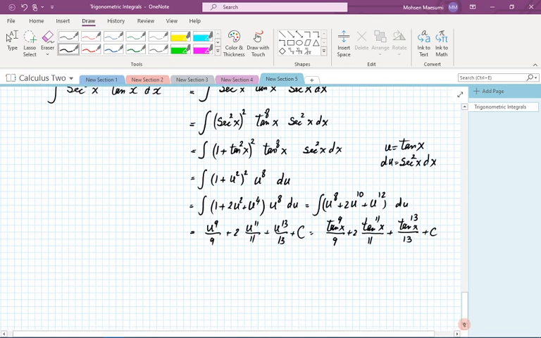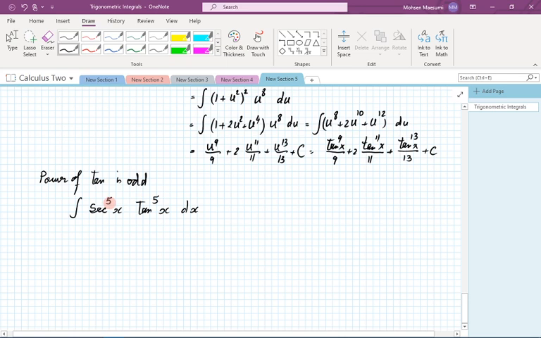Let's take an example. If I know that the power of tangent is an odd number, suppose I have secant to the power of 5, tangent to the power of 5 of x dx.